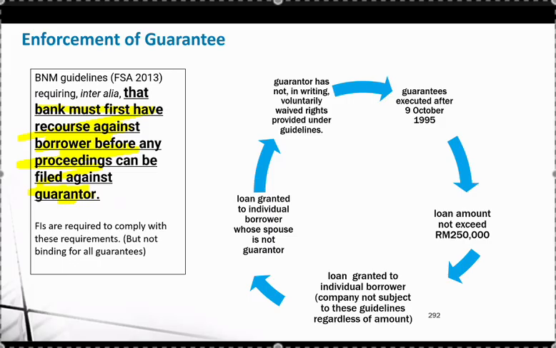Bank must have recourse against borrower before proceedings against guarantor. How much is the limit? You cannot exceed 250.